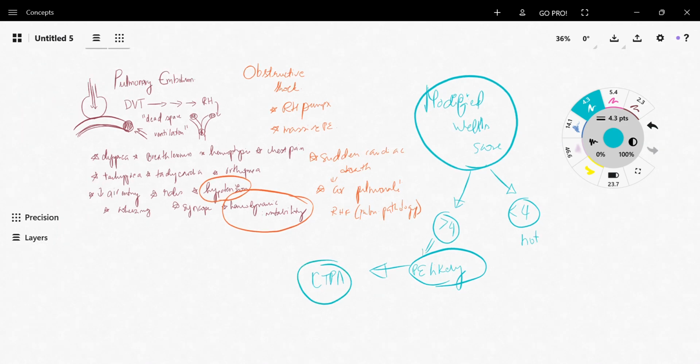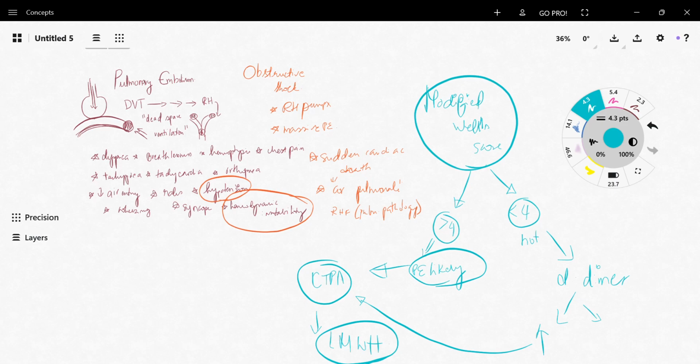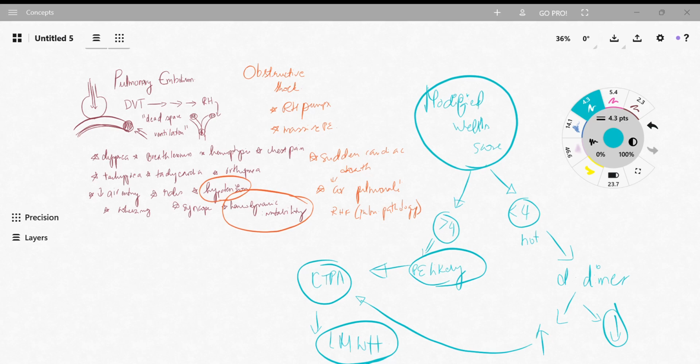And when on CTPA you see a clot in the pulmonary vasculature, you immediately want to treat them with low molecular weight heparins like enoxaparin. Now, if it's less than 4, you want to get what we call a D-dimer test. If your D-dimer is elevated, you still want to go get a CTPA and see if you want to treat them with low molecular weight heparins. But if your D-dimer is low, then you can rule out pulmonary embolism, right?